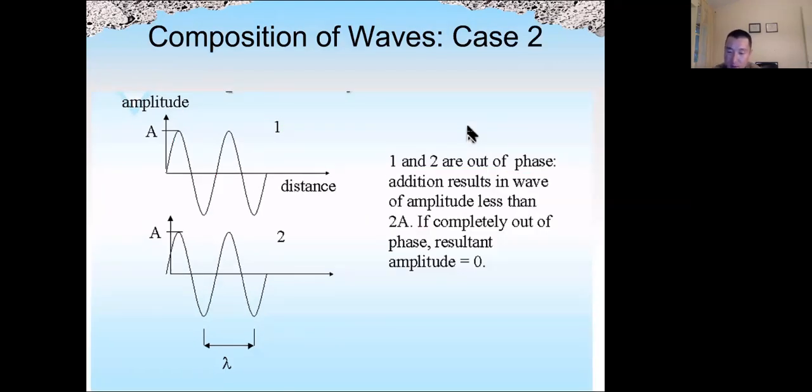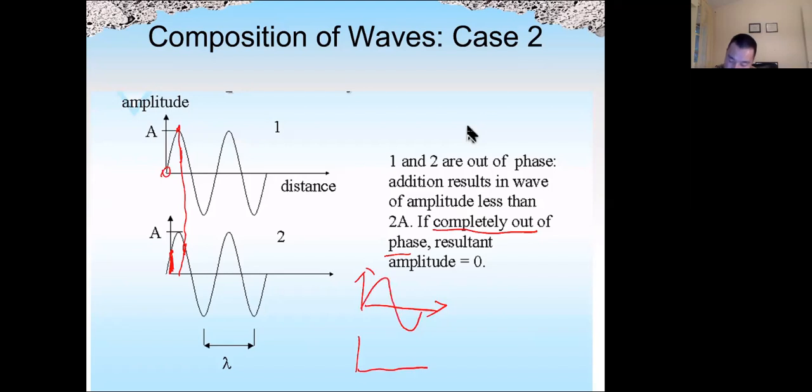In this case, V1 and V2 are out of phase. As we can see, at distance 0, V1 has 0 amplitude, but V2 is already somewhere here, not at 0. And when V1 is at its crest, V2 has already passed its crest. In that case, we call that out of phase. Complete out of phase is when V1 and V2 look like this.